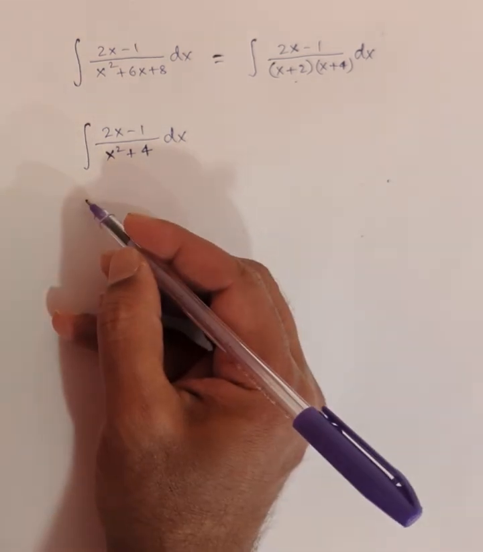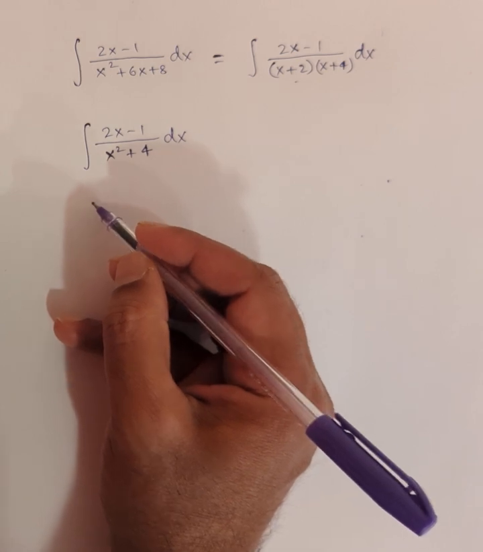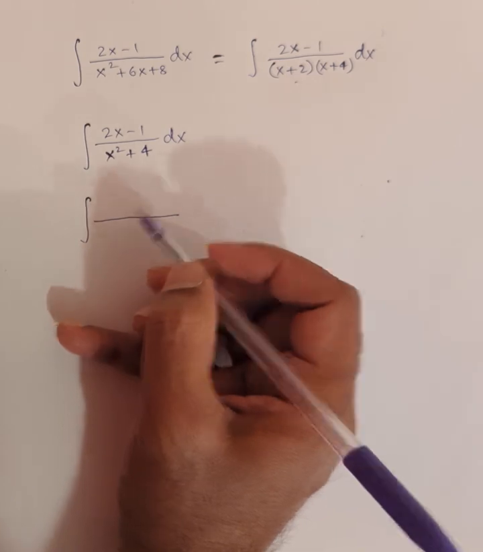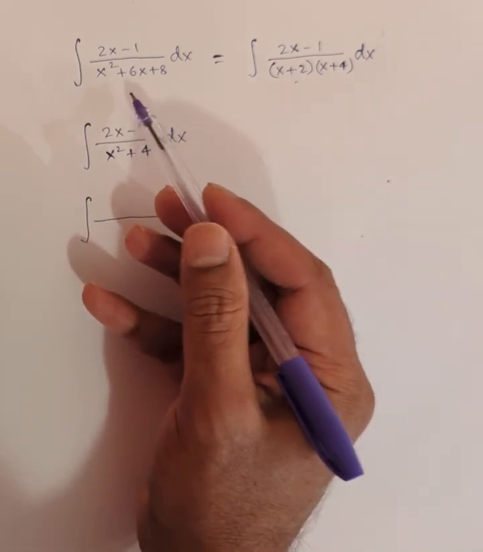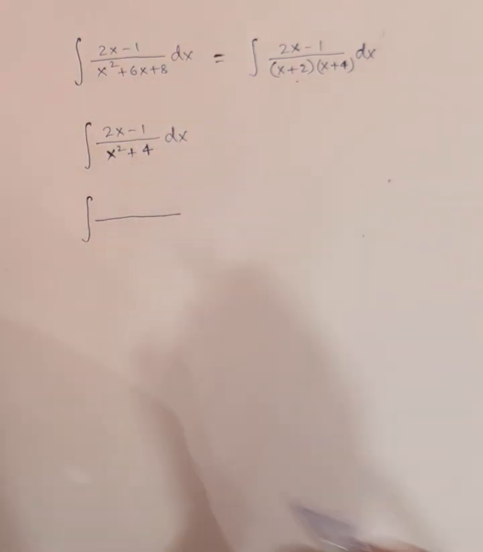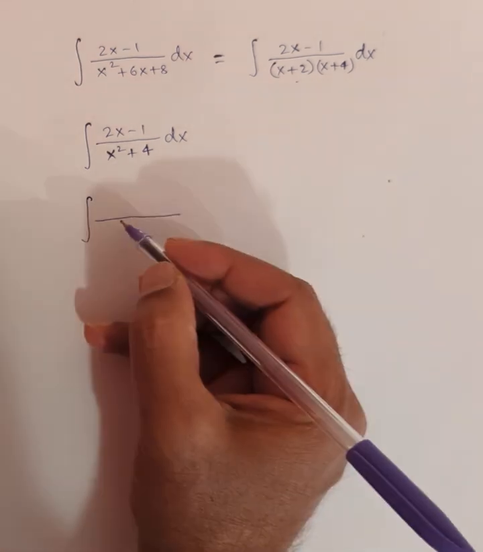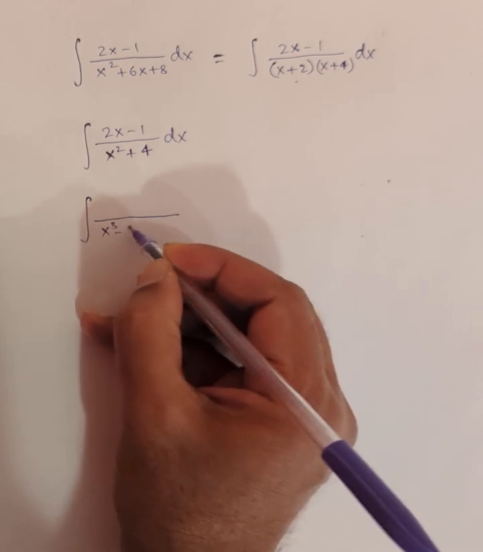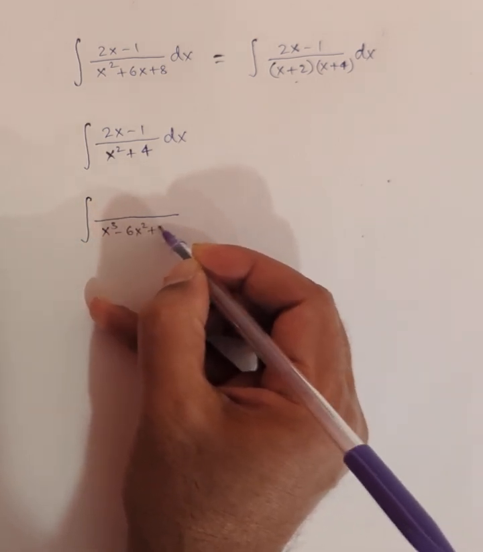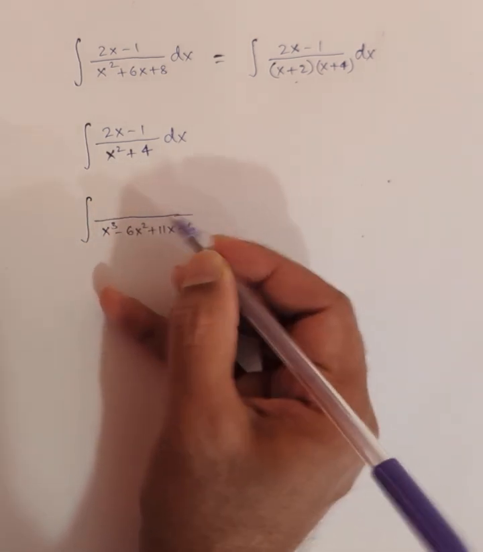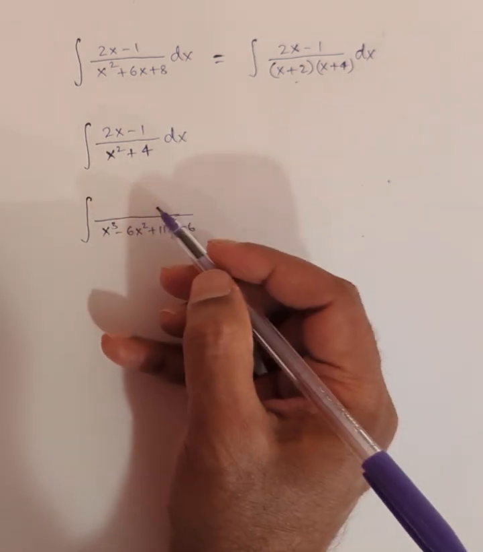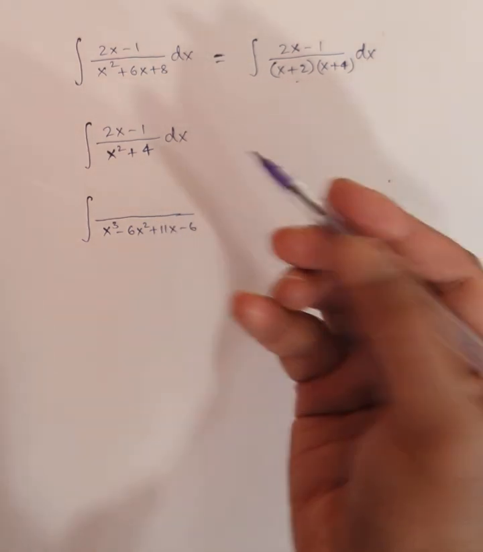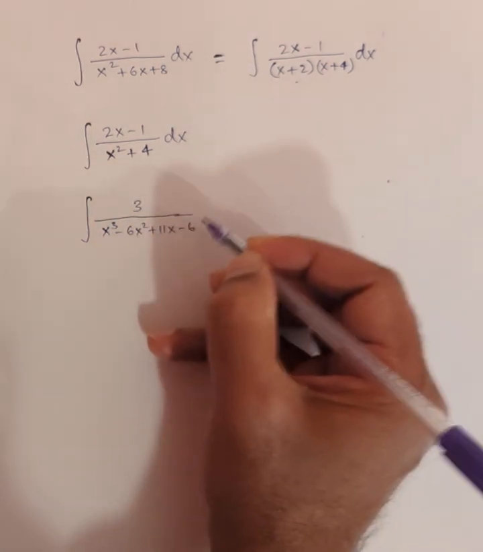Now what would you do if you had a cubic polynomial in the denominator? There is a theorem in algebra that says your cubic polynomial can always be factored. Let me write down something like this, over, now the numerator could be either a constant or linear or a quadratic polynomial. So let's just keep it simple.